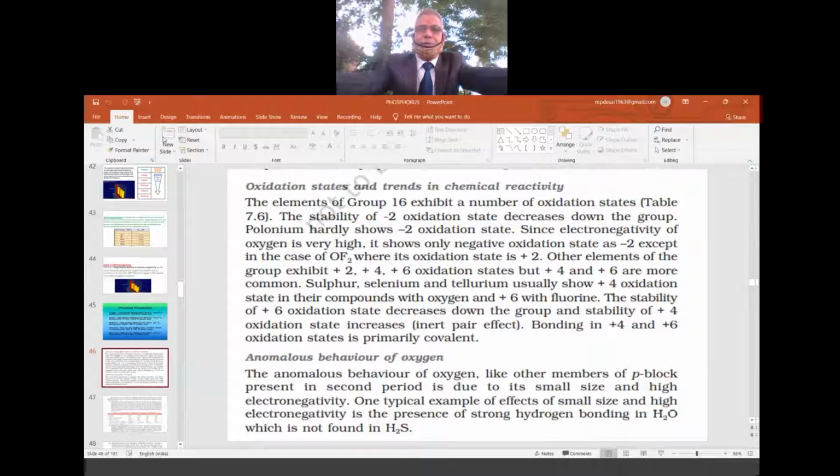Oxygen is small in size, close to carbon, and towards the right side of the modern periodic table. So we expect oxygen to gain, and gaining dominates. 99.99 percent it accepts the two electrons. Therefore, the oxidation state of oxygen is always -2.